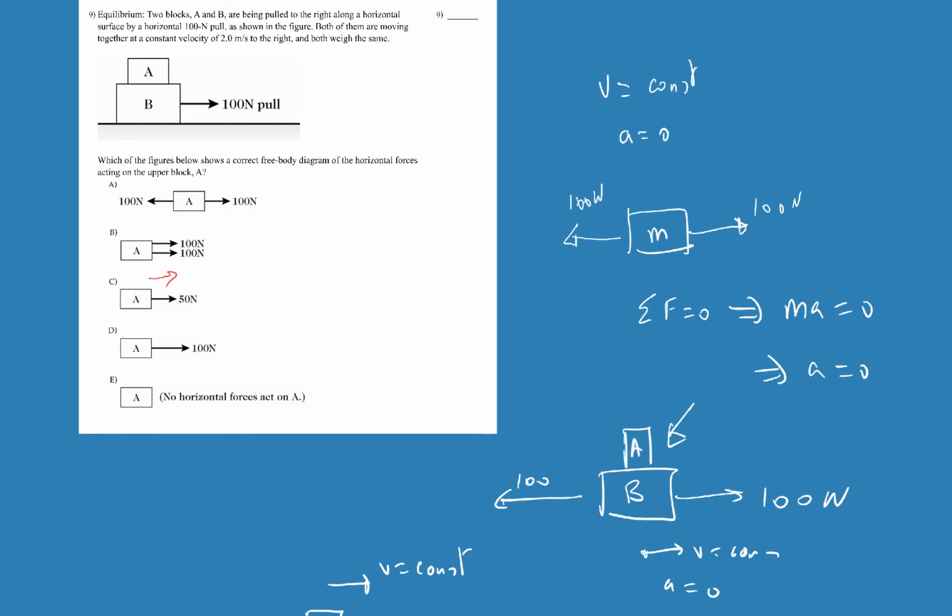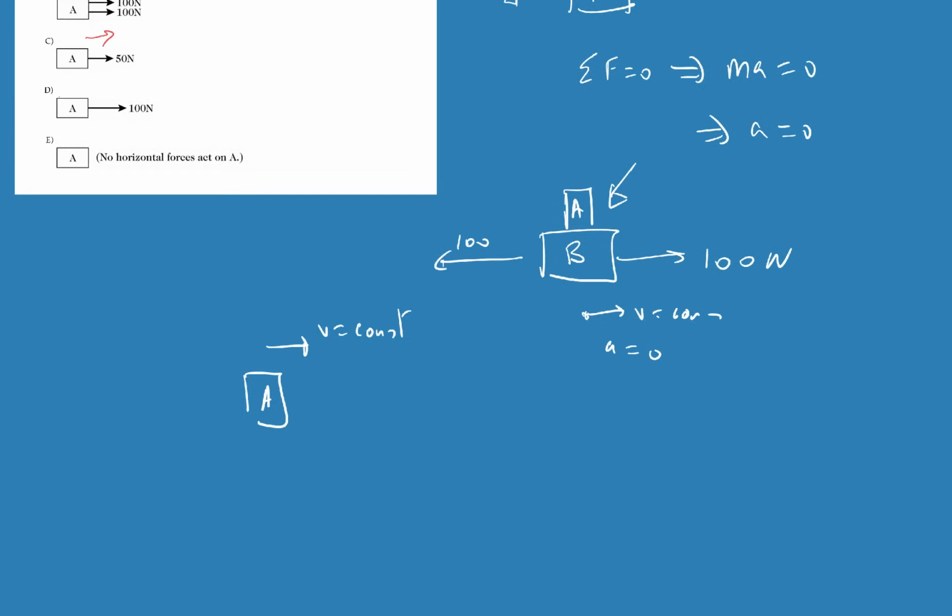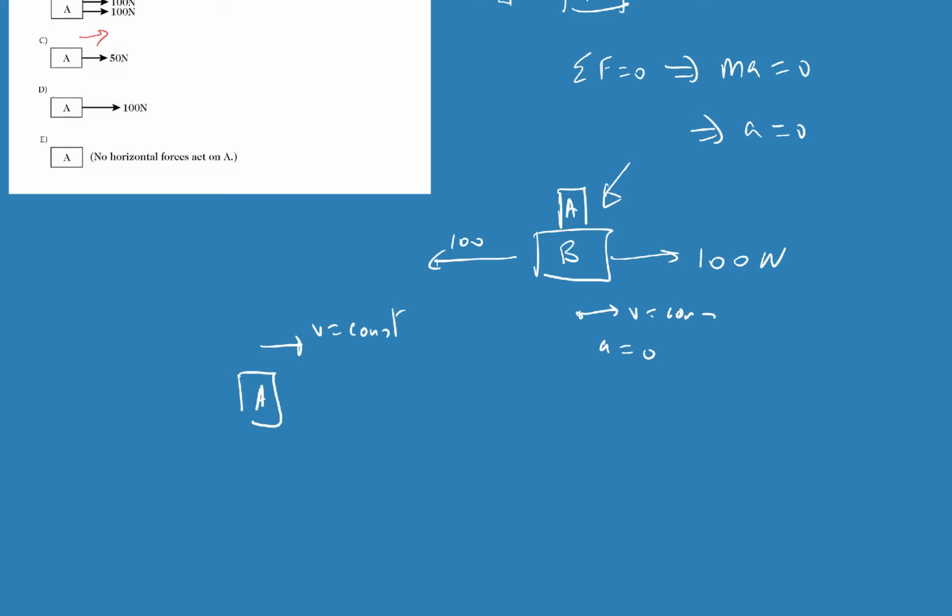So now let's think about the mass A, because I was thinking about the mass B. What happened to the mass A? The mass A is moving with constant velocity. So the mass A has acceleration zero.